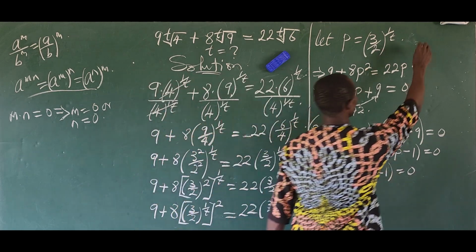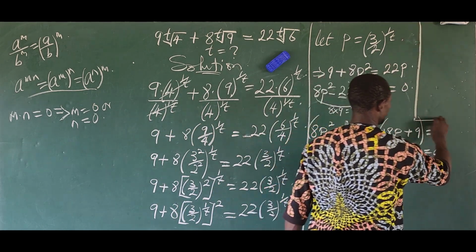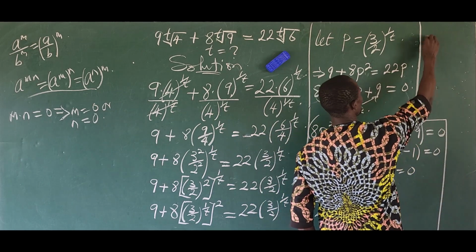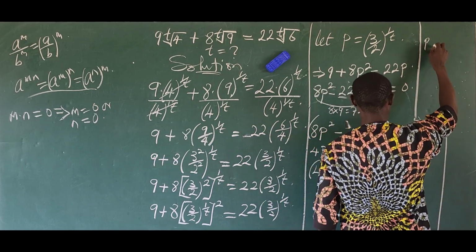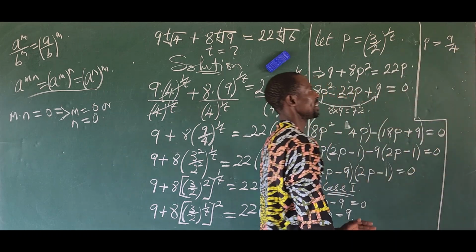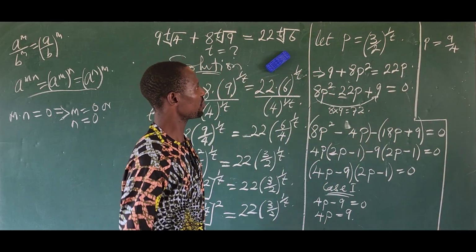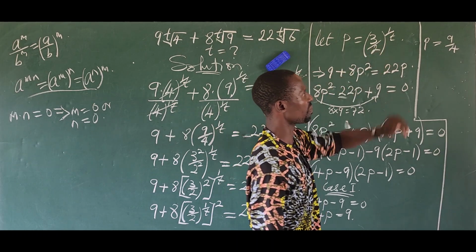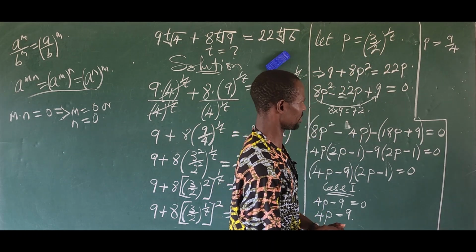We want to solve for our p. So from here, we just have to make p the subject of the formula. Okay, so we divide by 4 to give us 9 over 4. Easy. Now recall we said that p is equal to (3/2) raised to power 1 over t, right? Good.